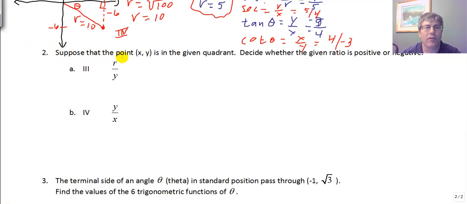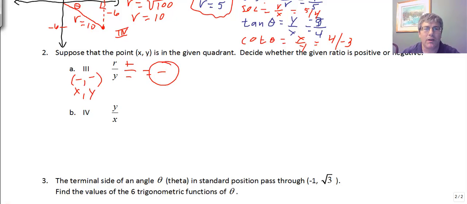Now, let's suppose that our point x, y is in a given quadrant. Decide whether the given ratio is positive or negative. So they're saying we're working in quadrant 3. So if we're in the third quadrant, we should know that x's are negative and y's are negative. So that must mean r over y is positive over negative.